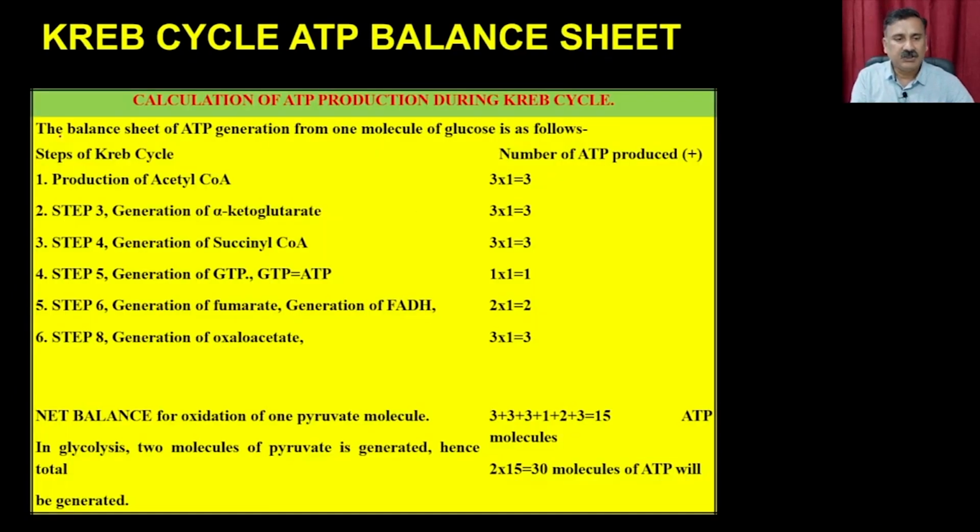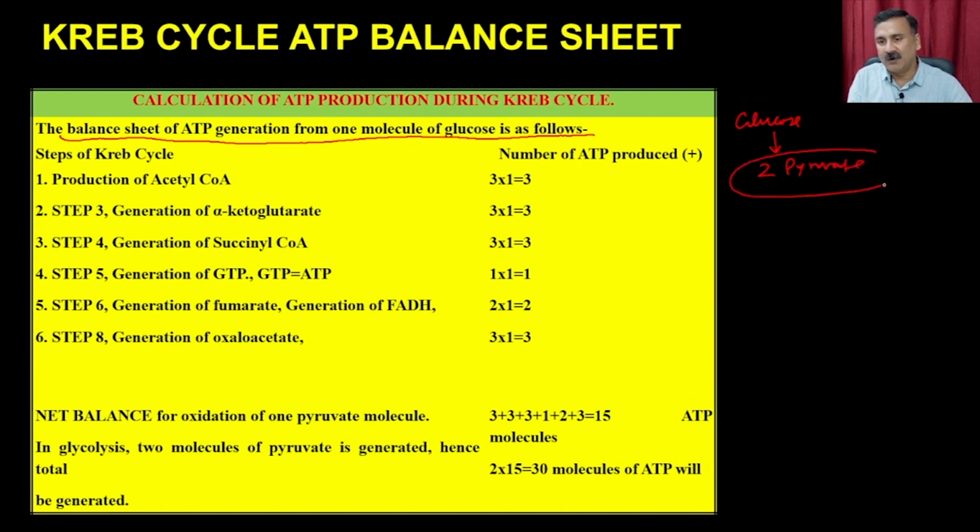So the balance sheet of the ATP generation of one molecule of glucose is as follows. You remember that one glucose molecule is going to produce two pyruvate molecules, which means for one glucose molecule, you are going to have two rounds of Krebs cycle.